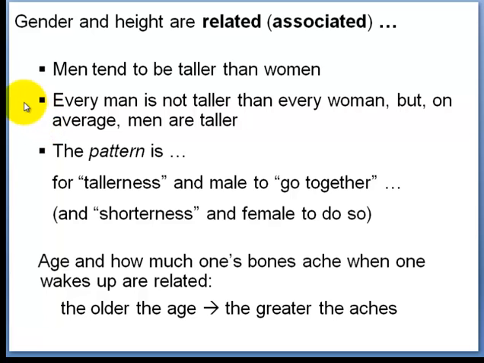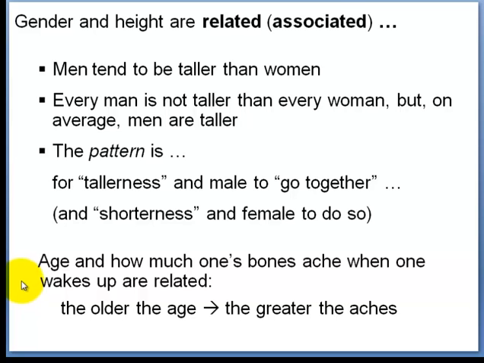We don't need to have, so to speak, perfect relationship. It need not be the case that every man be taller than every woman, but rather that on average, men are taller. Here's a second example of two variables that are related. Age and how much one's bones ache upon waking up are related.